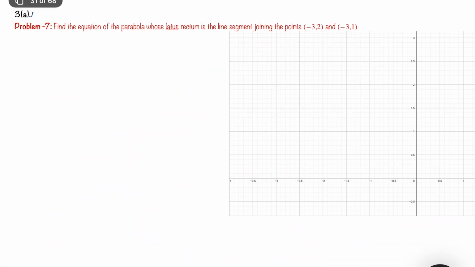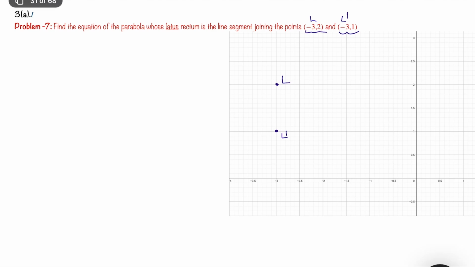Next, problem 7 from section 1 of exercise 3a. Find the equation of the parabola whose latus rectum is the line segment joining the points minus 3, 2 and minus 3, 1. Let me call this one L, this one L dash. So minus 3, 2 is L, minus 3, 1 is L dash.